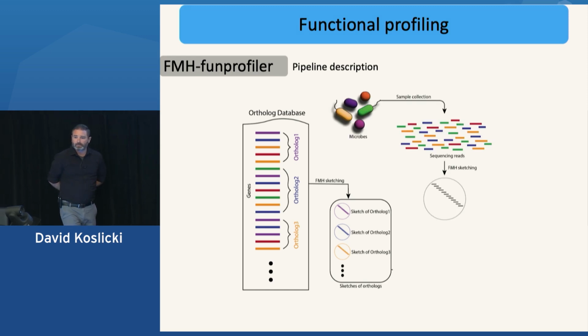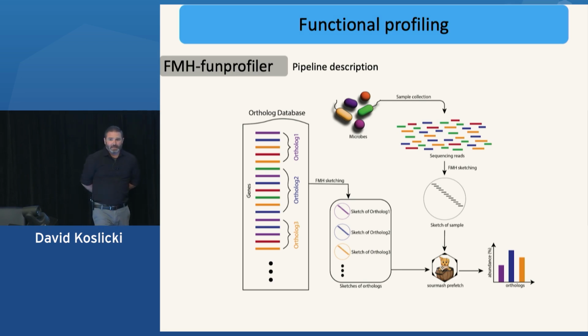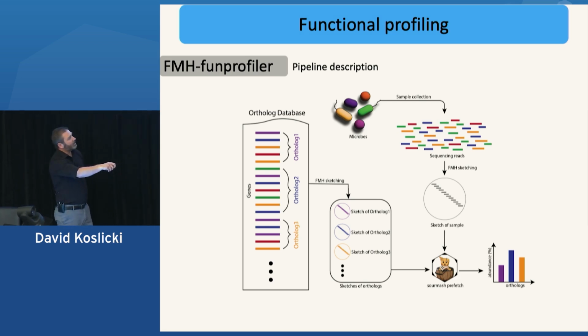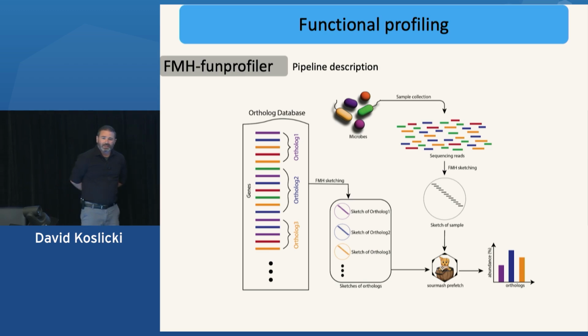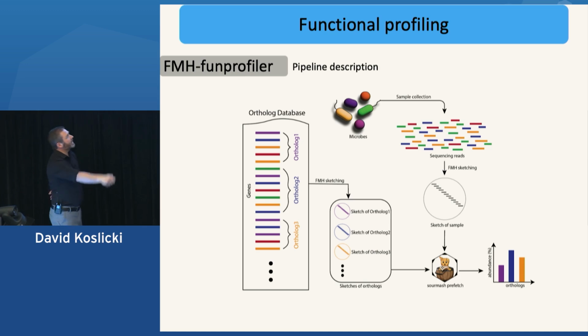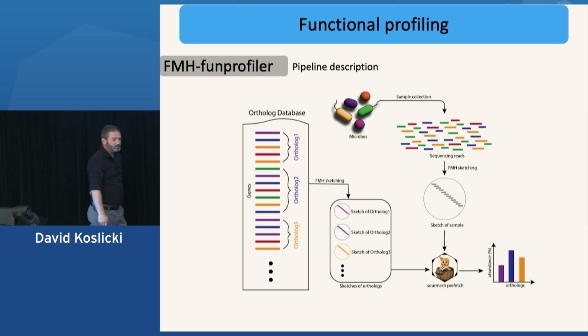You take your sample, you also sketch it, and then you basically just run this nice little thing called sourmash prefetch, which does kind of a set cover problem where it's trying to say, okay, of all these k-mers here, which one of my orthologs has most of the hashes that overlap with it? Okay, assign those hashes to the next one, keep on repeating, and then at the end of the day, you get abundances associated with each one of these orthologs.